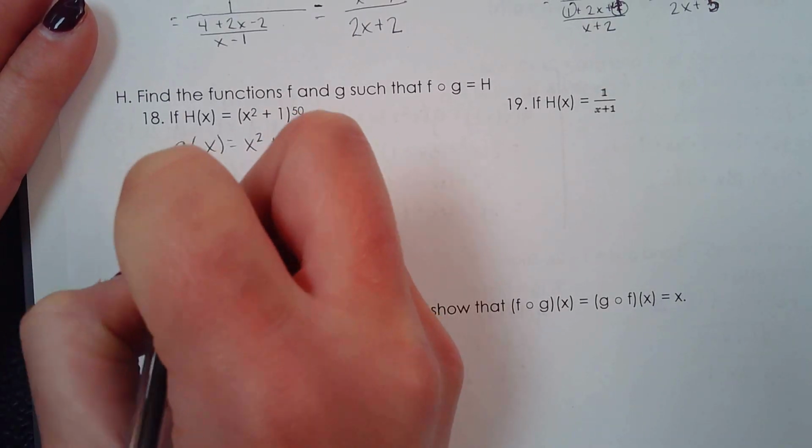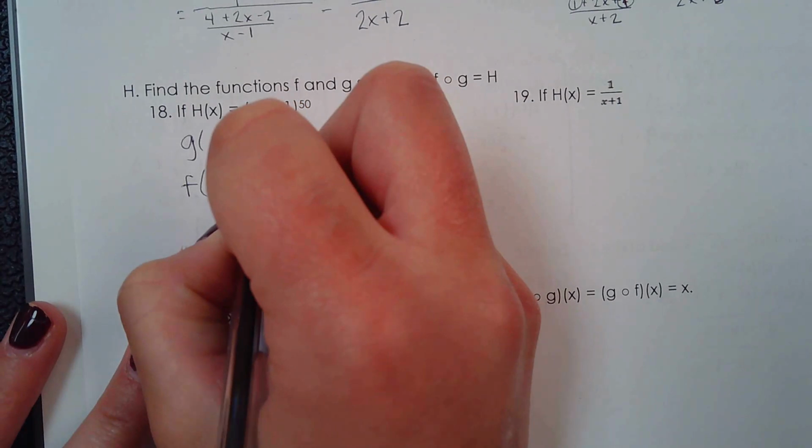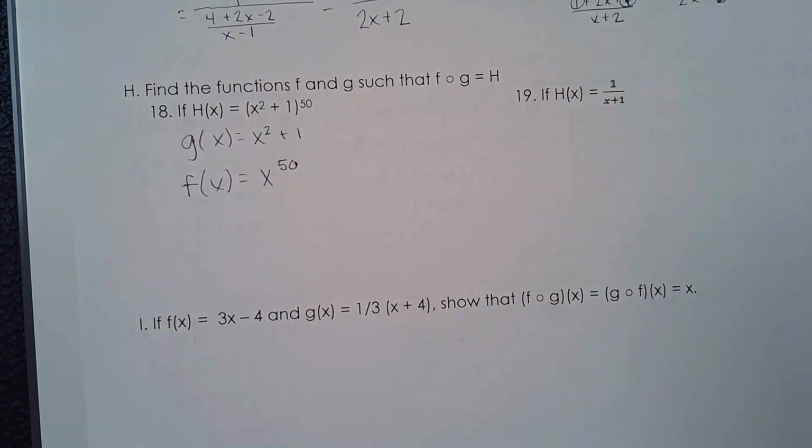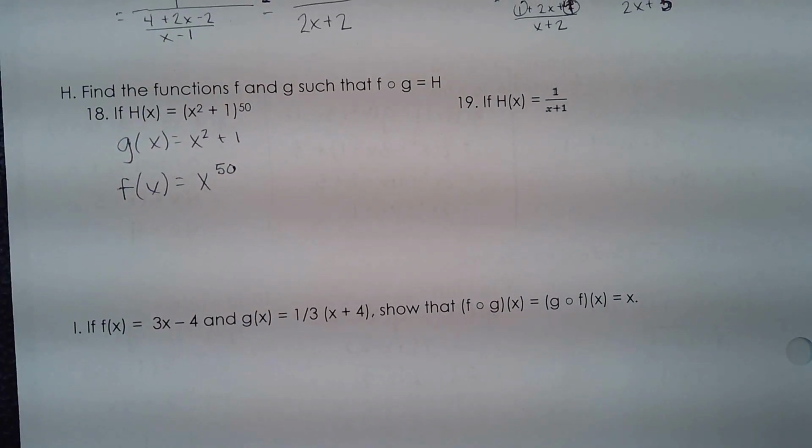So then what would your outside function have to be? x to the 50th. Is that okay? Makes sense? Again, you don't have to write this down because I think just talking about it is enough. So then what about the other one? It's a little trickier. It's 1 over x plus 1. It's probably 1 over x when you plug x plus 1 in.